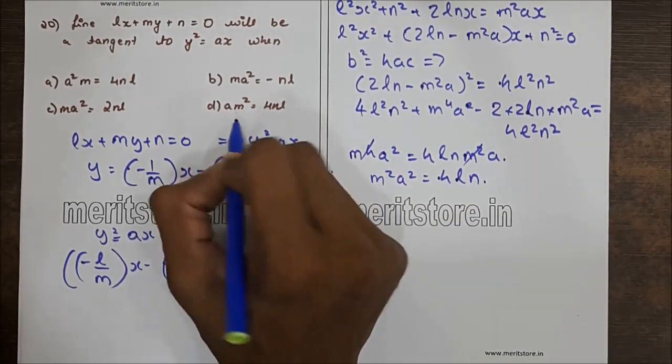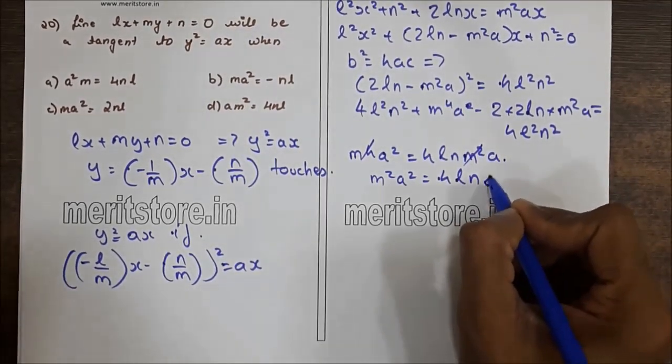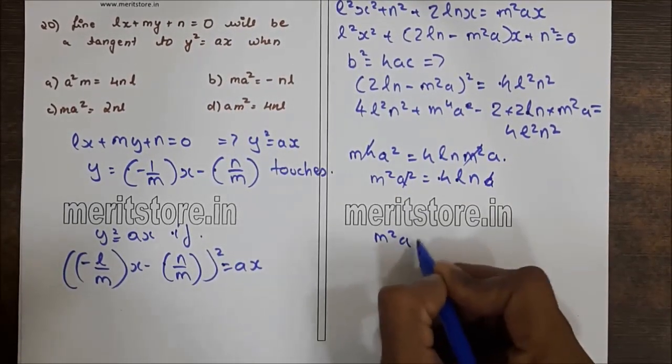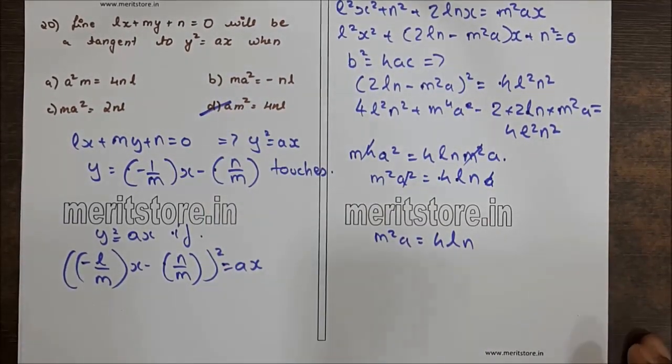If we see over here, we cancel a also, and we are left with m²a = 4ln, which is our option D. Therefore option D is the correct answer.